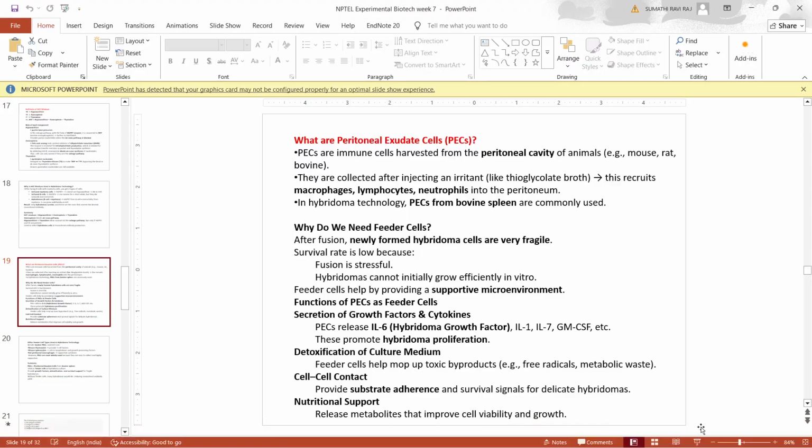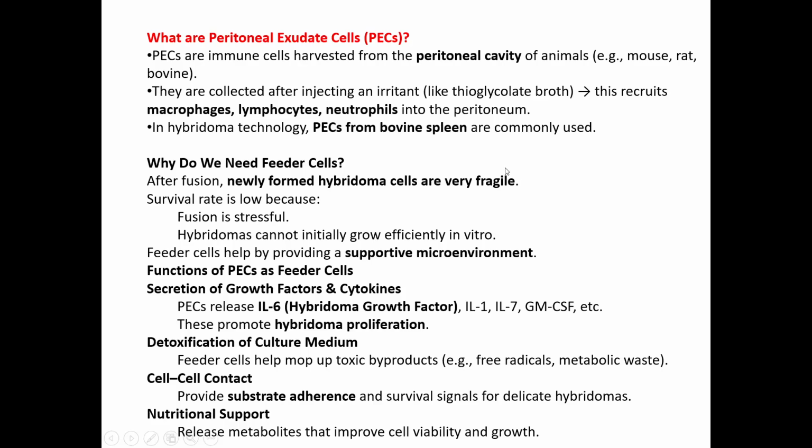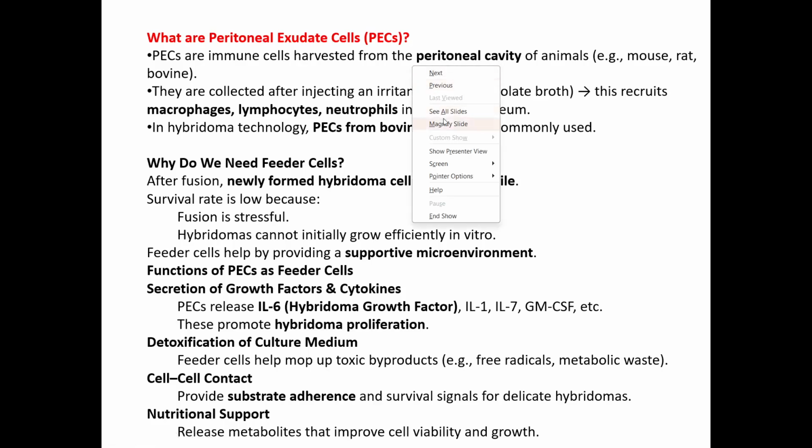So the next is the PEC cells. PECs are immune cells harvested from the peritoneal cavity of the animals, like whatever animal model you have, either mouse or rat or bovine. They are collected after injecting an irritant called thioglycolate broth.